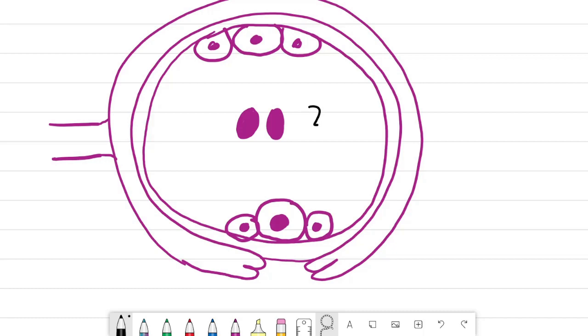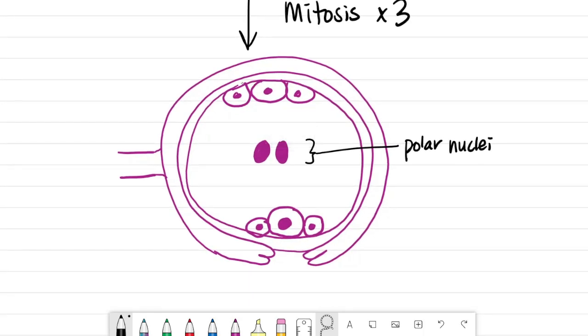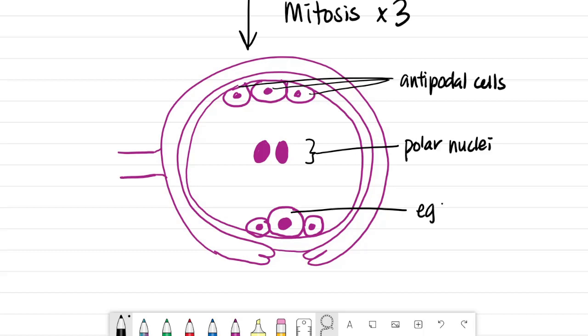Now we get to the labeling. These are the polar nuclei. These 3 are the antipodal cells. This big cell in the middle is the egg cell, and these 2 are the synergid cells.